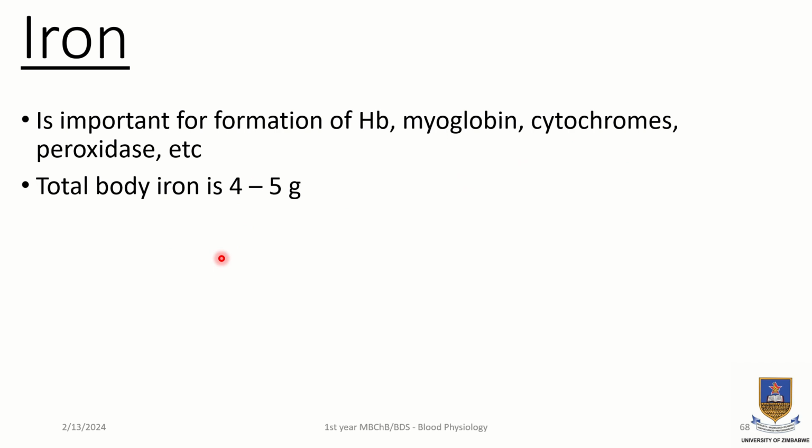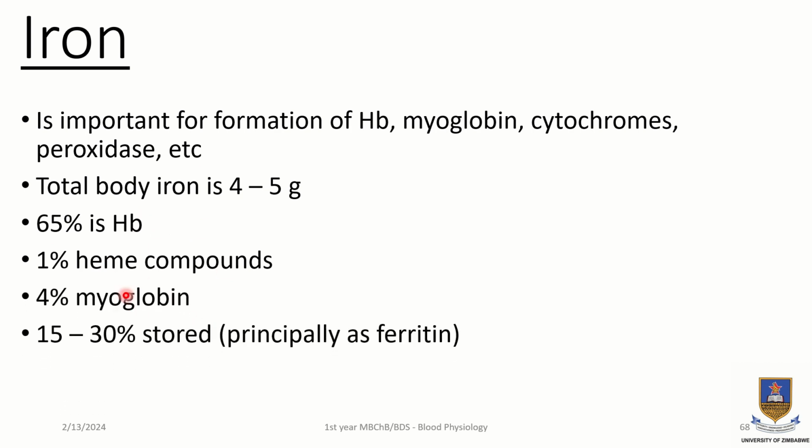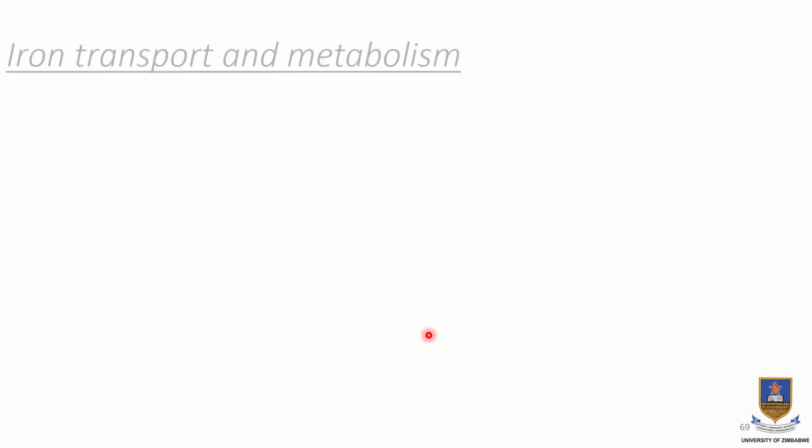Its total body mass is around 4 to 6 grams, and 65% of it is found in hemoglobin, 1% in other heme compounds, 4% in myoglobin, and 15 to 30% stored principally as ferritin, right?